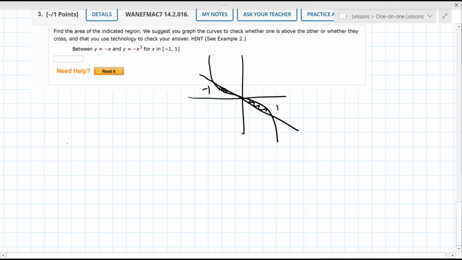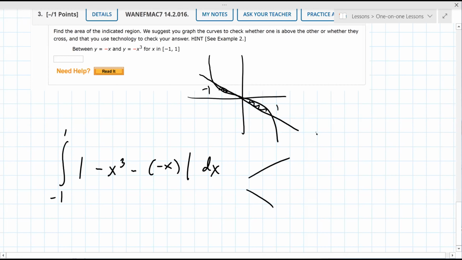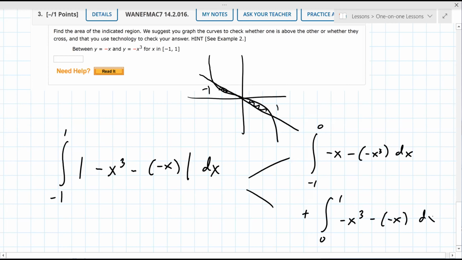So what you can do, especially if you're using a technology, is you can go to the integral minus 1 to 1 absolute value minus x cubed minus a minus x, and the absolute value takes care of all this, up or down. If you didn't do this, you'd have to integrate from minus 1 to 0, minus x minus a minus x cubed dx, plus the integral from 0 to 1 minus x cubed minus a minus x dx.